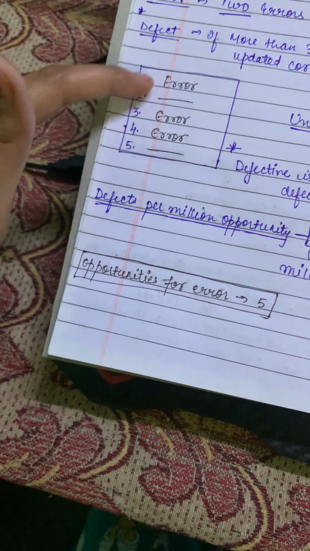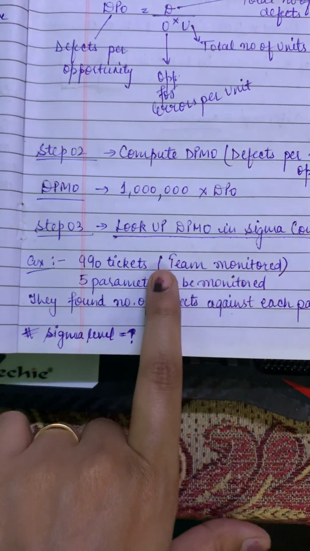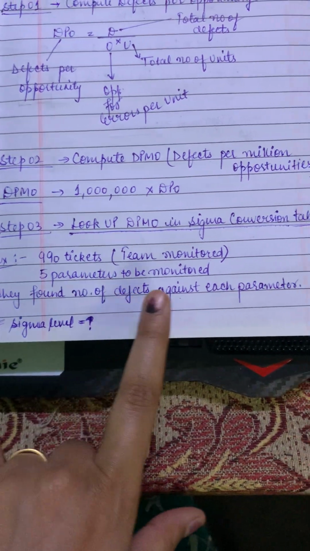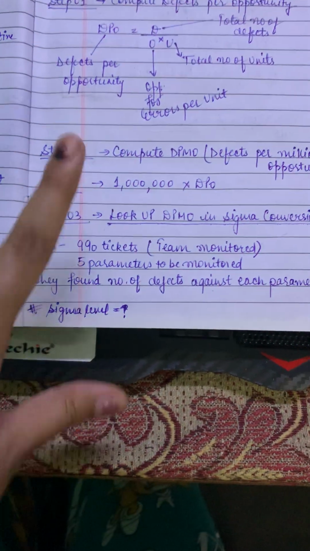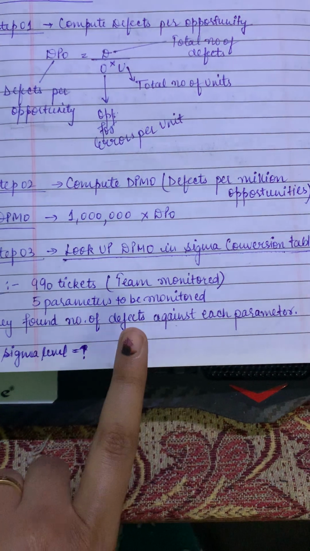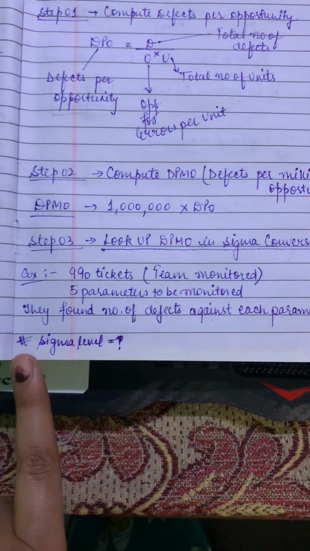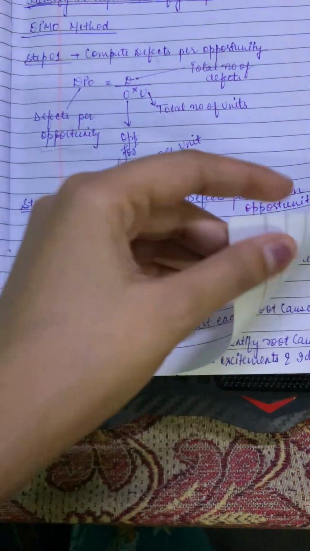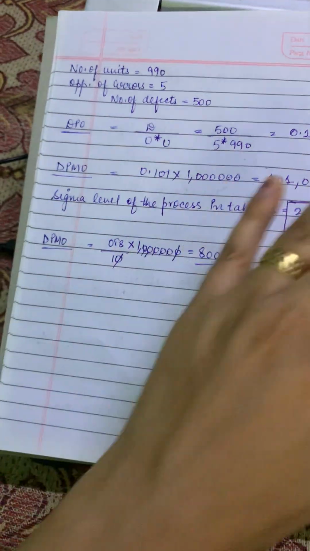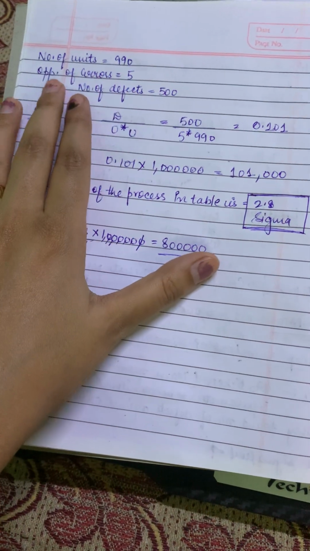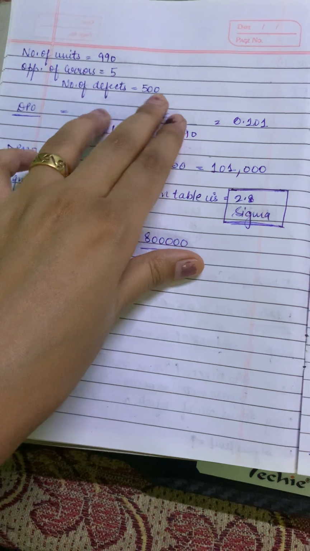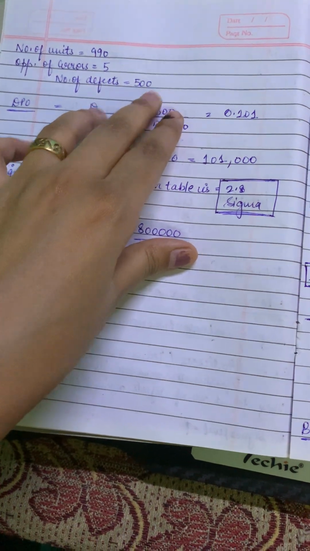See, we have 5 parameters here and we have 5 parameters here also. They found the number of defects against each parameter. So what is the sigma level? Let's discuss it. The number of units will be 990, opportunity for error 5, number of defects 500, right?